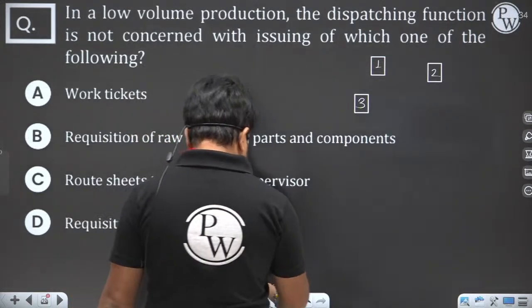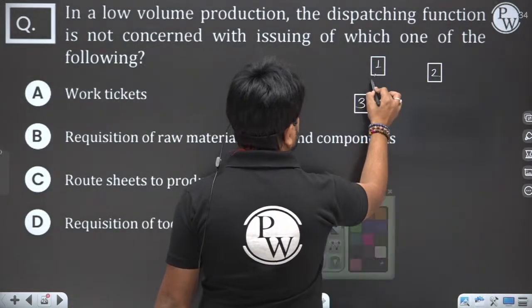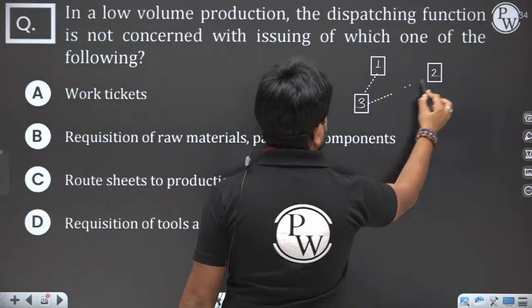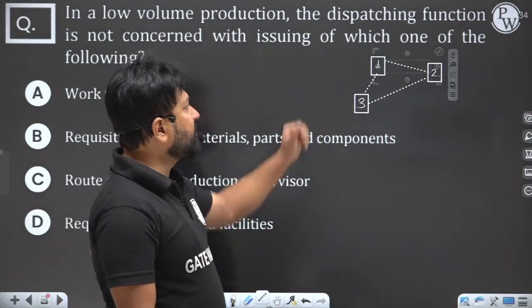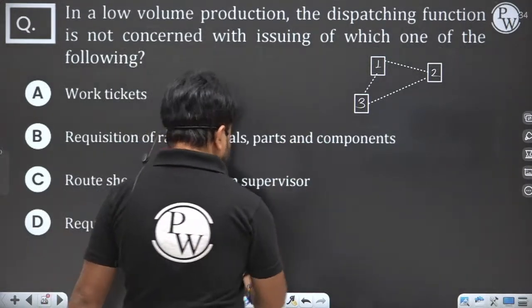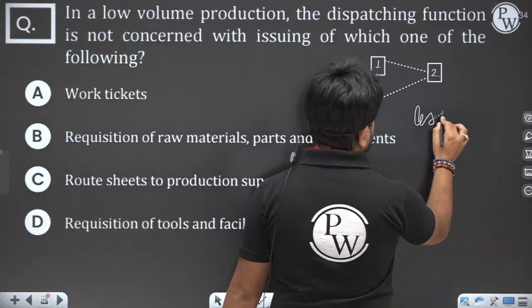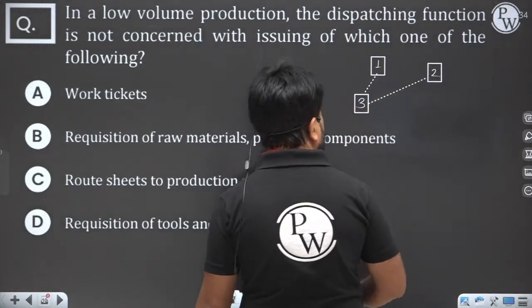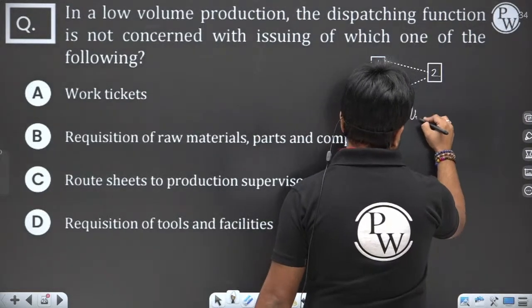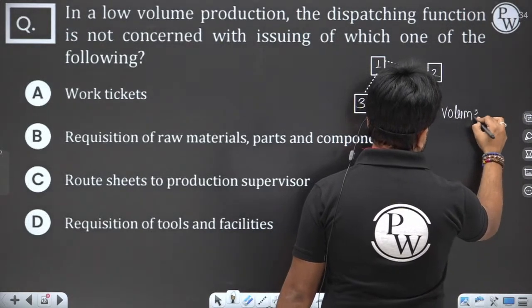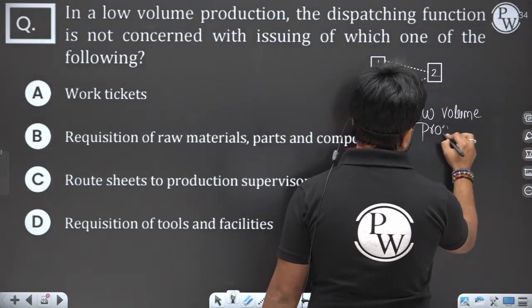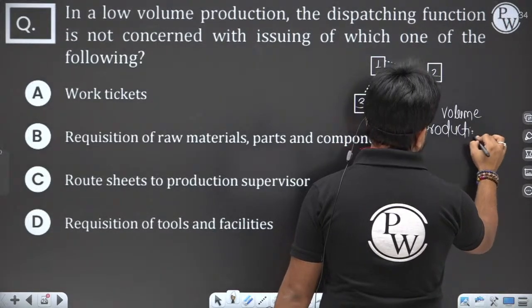We know that the product will move from 1 to 3, or 3 to 1, or 2 to 1. So a smaller number of shop floors means less production, low volume production. Yes or no?